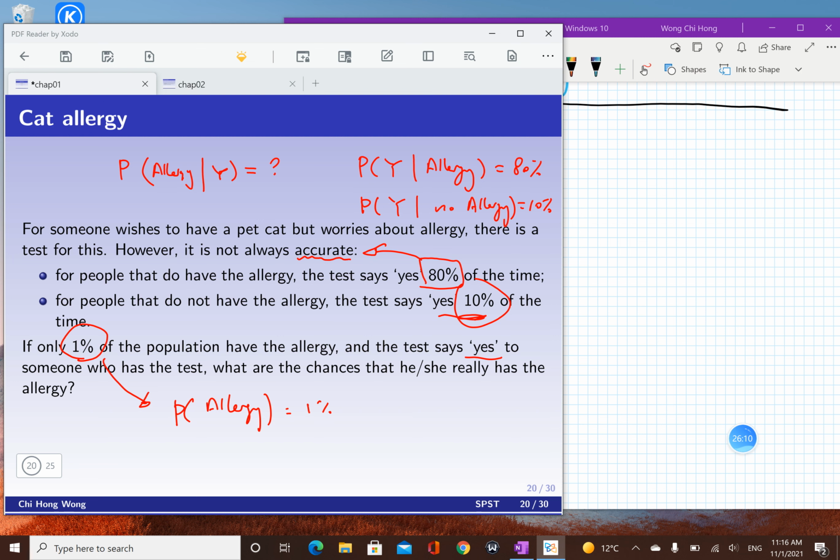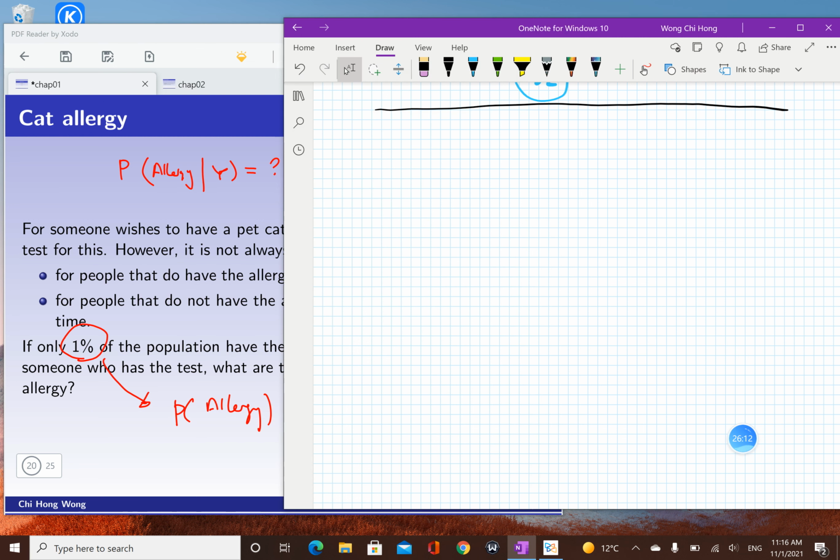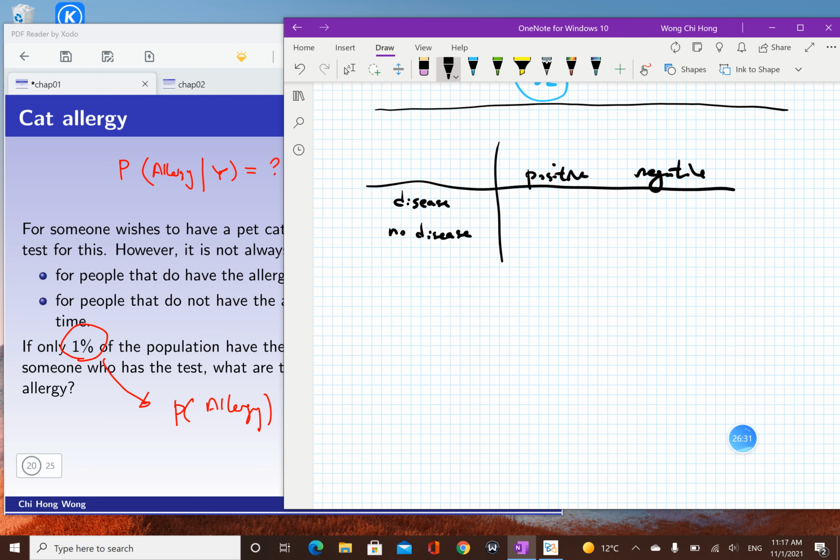But just as always, we're going to have disease or no disease, and positive, negative. You get results either positive, that means you have the disease, well, now you know they're not necessarily the same thing, or negative, that you don't have it.